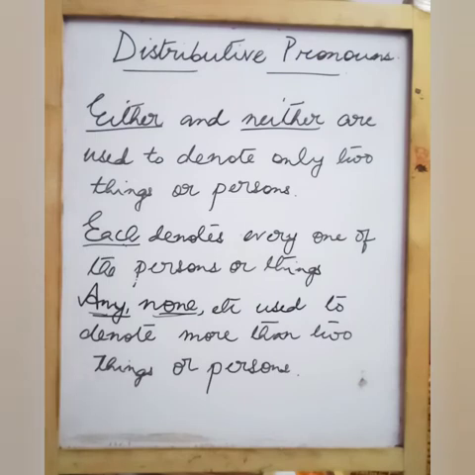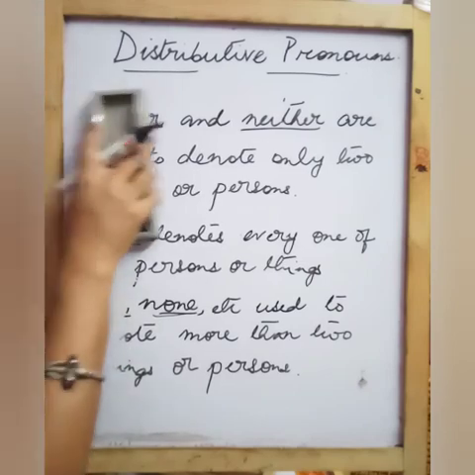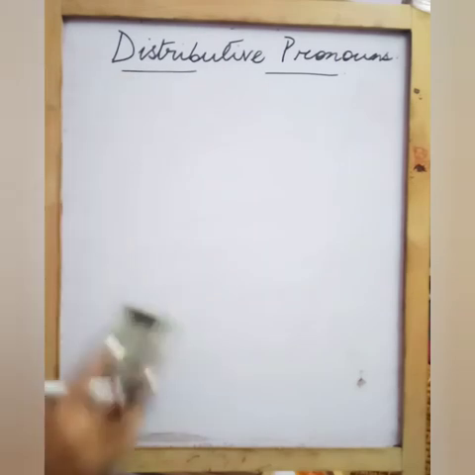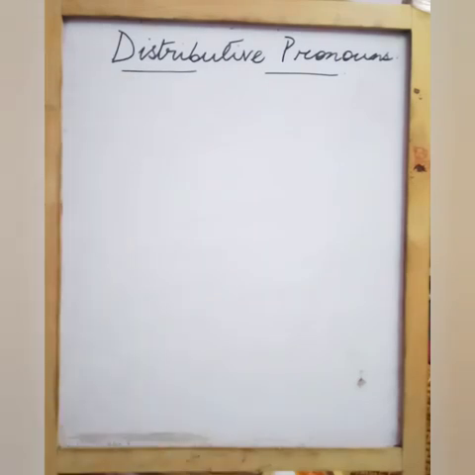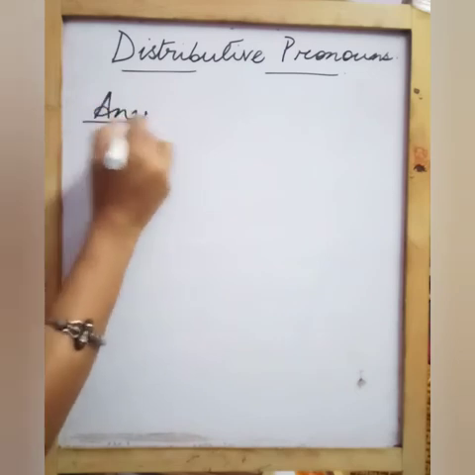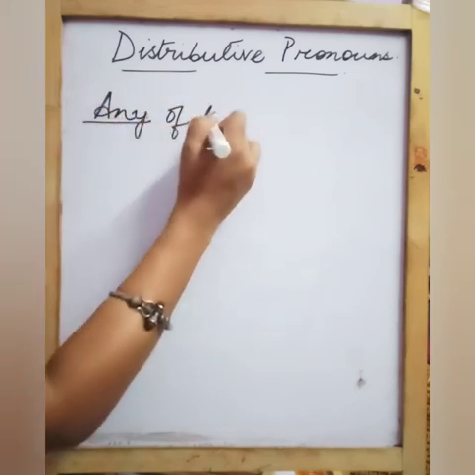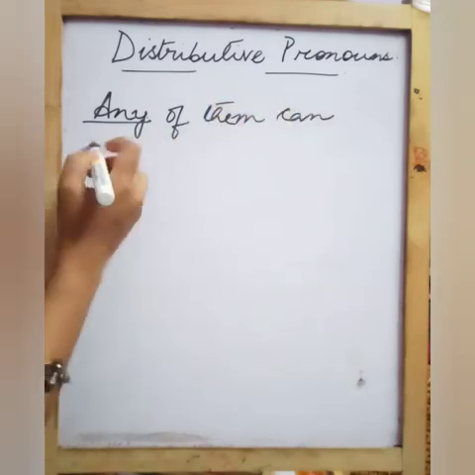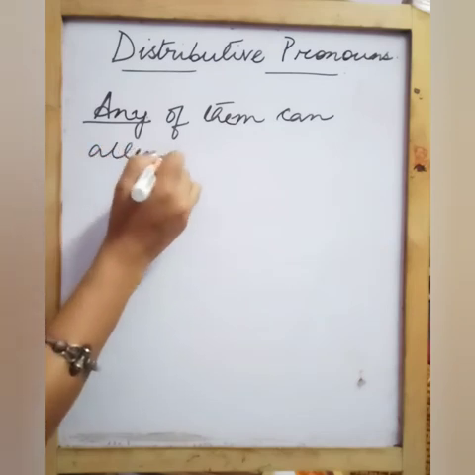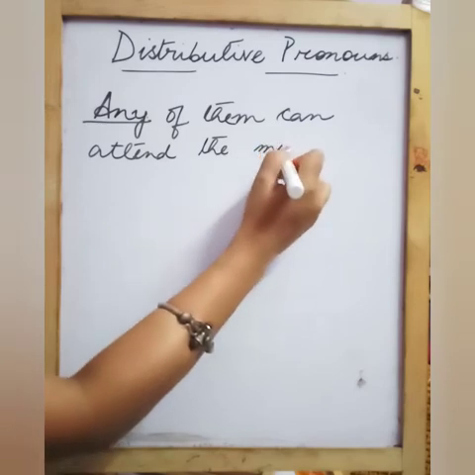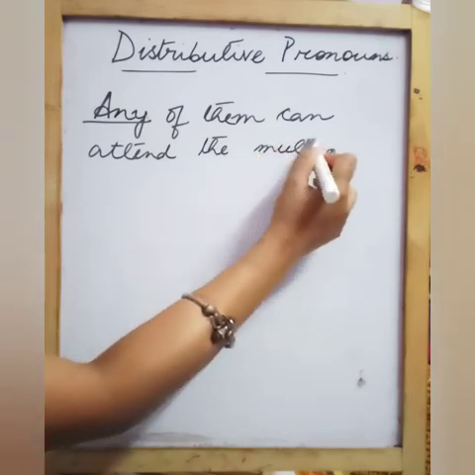So I'll give you one example each with any and none, then you'll understand the concept. Say, any of them can attend the meeting. Any, this is the distributive pronoun. Any of them can attend the meeting.